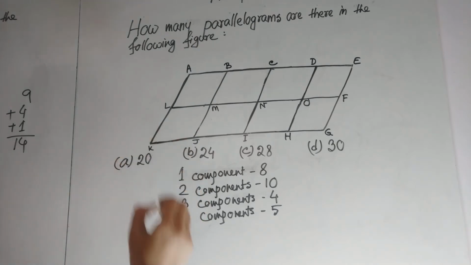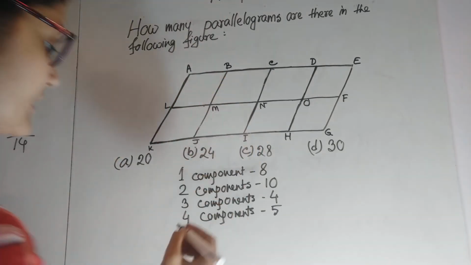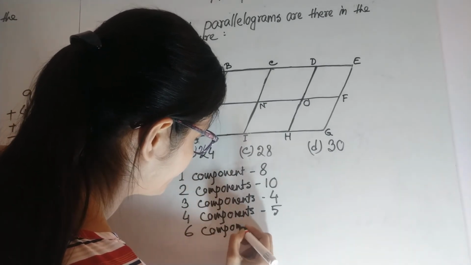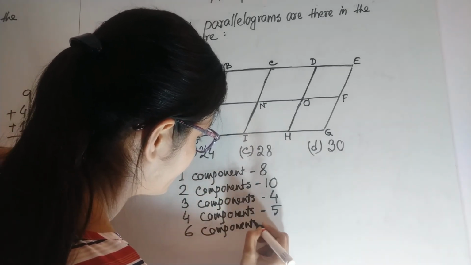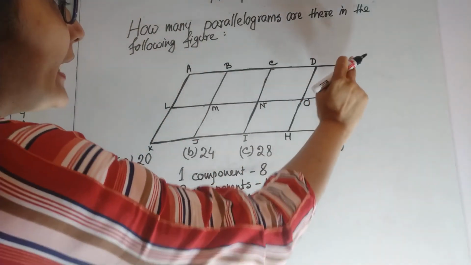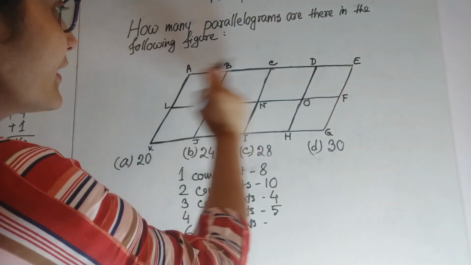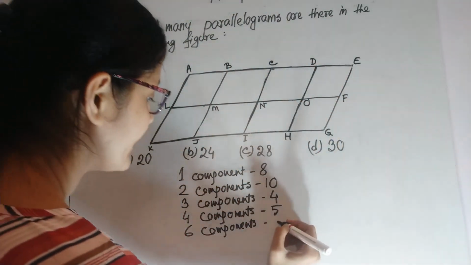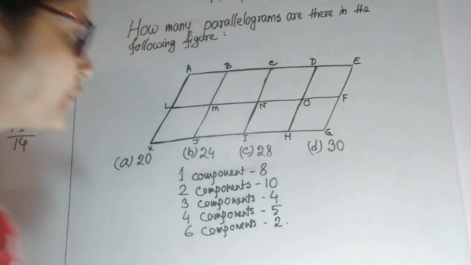Now, parallelograms composed of 6 components. How many? A, D, H, K, B, E, G and H. This one and this one. That is, the number is 2.